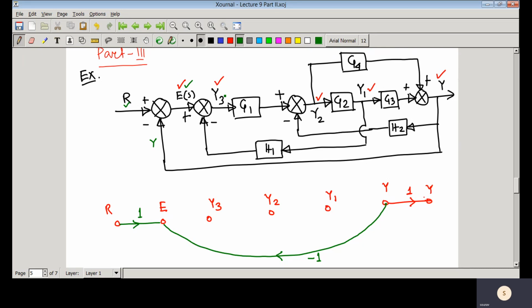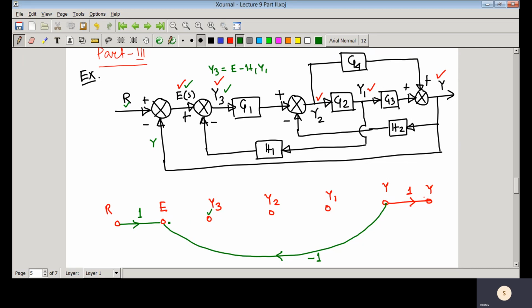Now from here you can see that Y3 equals E minus H1 into Y1. So here we are concentrating on that particular node. Now you apply signal flow graph algebra.